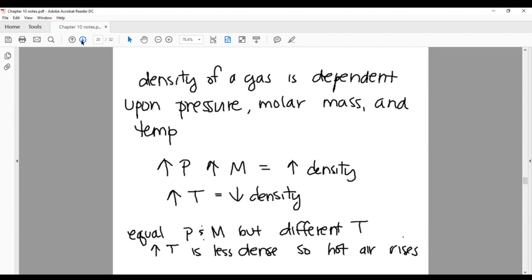If we're in a room, the pressure is equal no matter where we are, and it's the same air, so the same molar mass. But if we have hot air and cold air, the hot air rises because it is less dense and sits on top of the cold air, which falls because it is more dense, having a lower temperature.